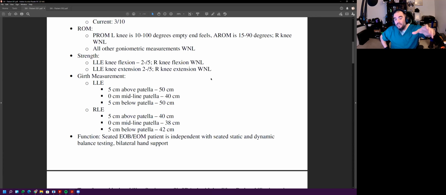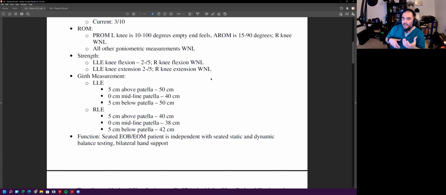We're not going up high enough into the quads. We're not going down far enough into the gastrocs. If this said something like 4 inches above, about 10 centimeters, or 4 inches below, now we're getting into the girth of the muscles. So now we're actually trying to measure maybe a little bit of hypertrophy and atrophy.